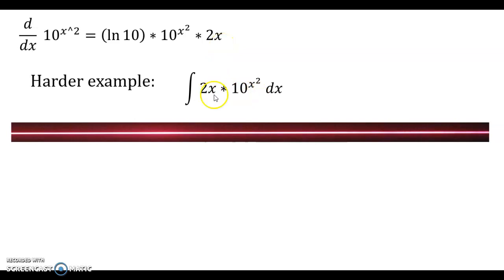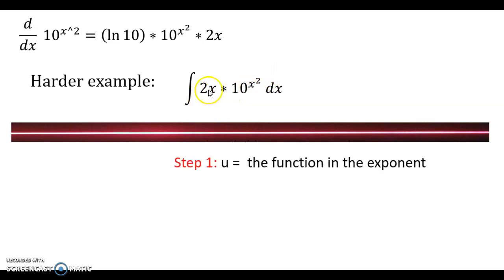Even though it looks like two functions, it's still an exponential function with the derivative of the exponent. So we use the exponent, that's x squared. It's not the 2x, it's not the dx, it's the exponent. Then we take its derivative, we get 2x dx.